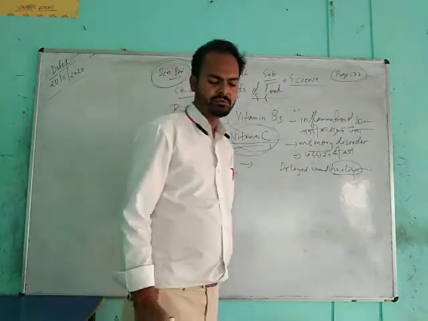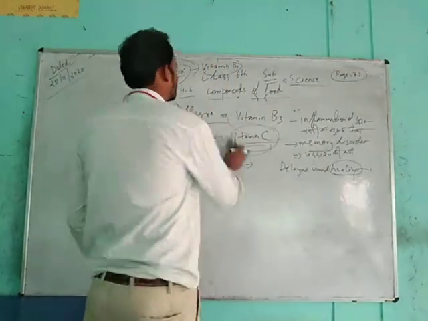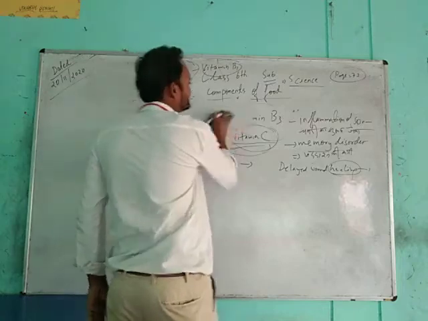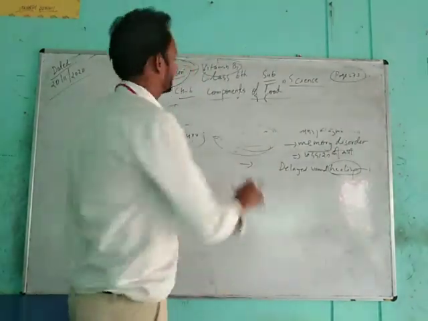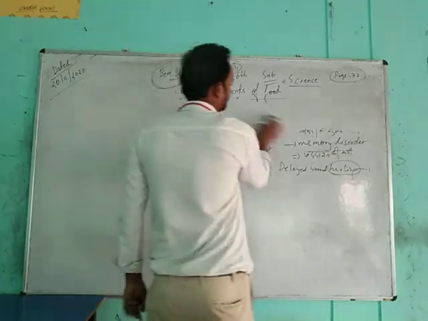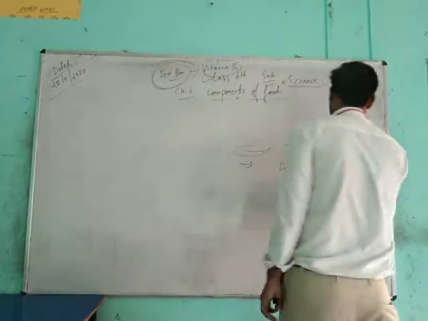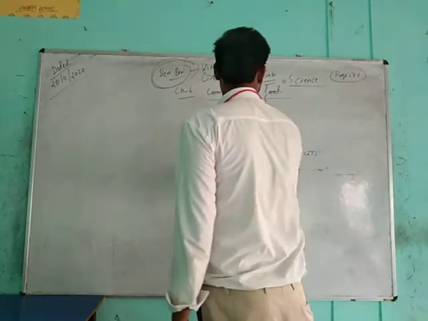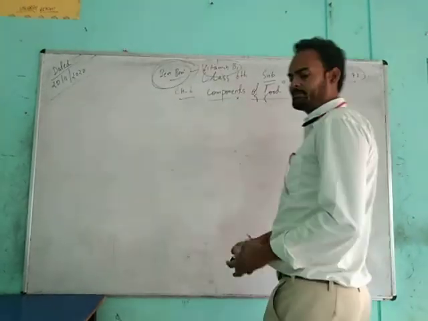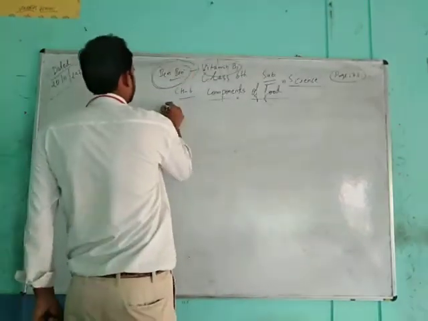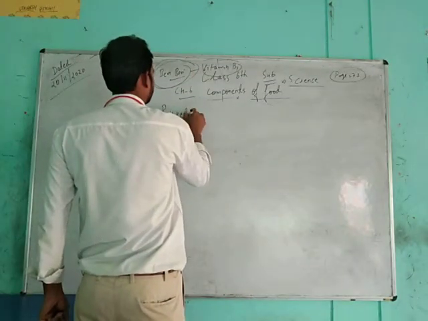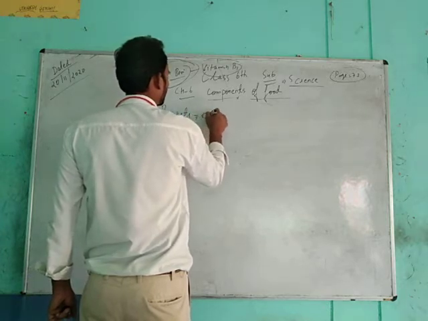Then students, we move on, and our next deficiency disease is rickets. And students, these diseases are very important and very interesting at the same time. You will have to be very conscious on this topic. So rickets, if you see the meaning of rickets, sukha rog.